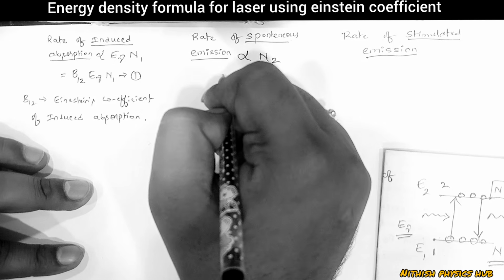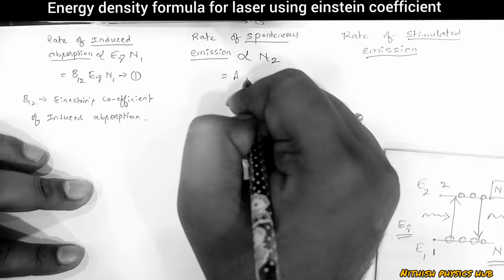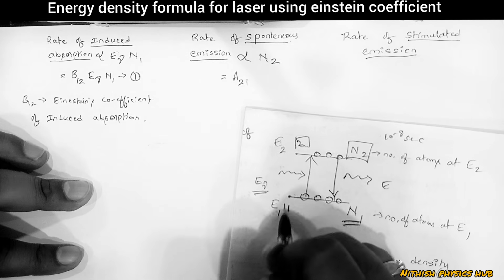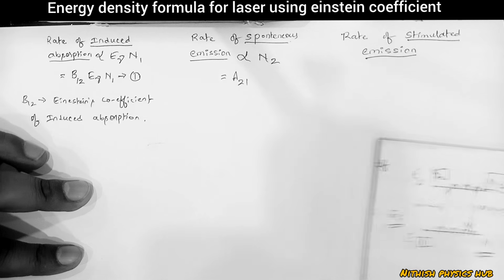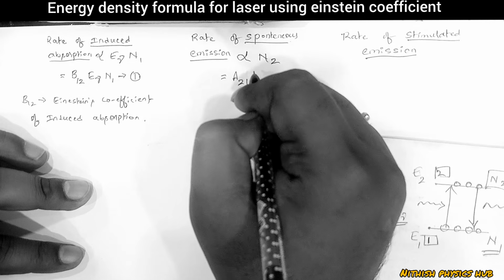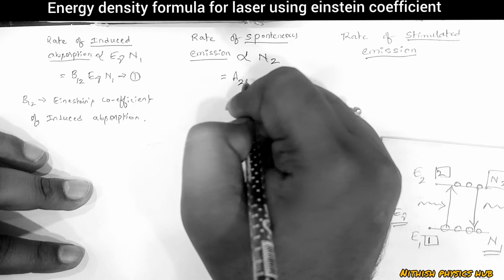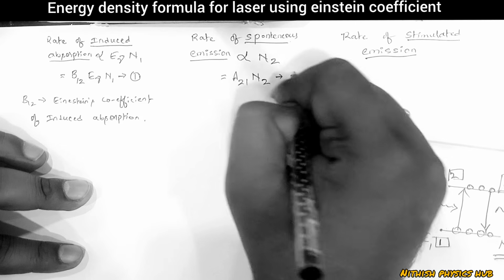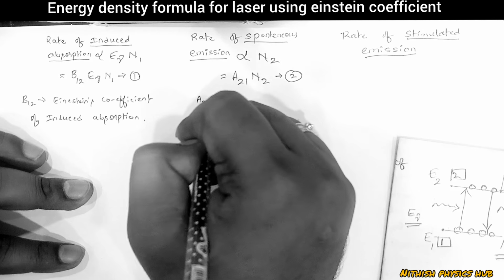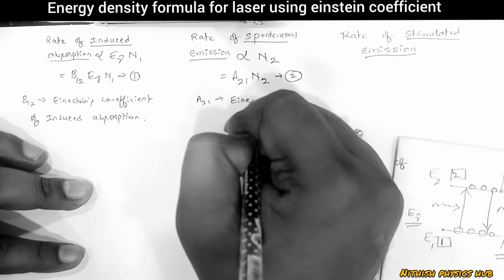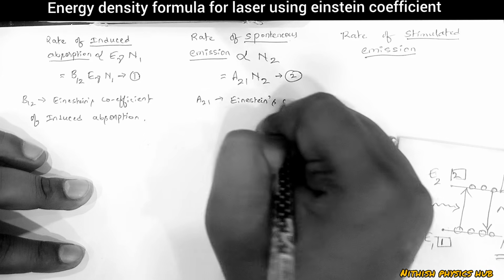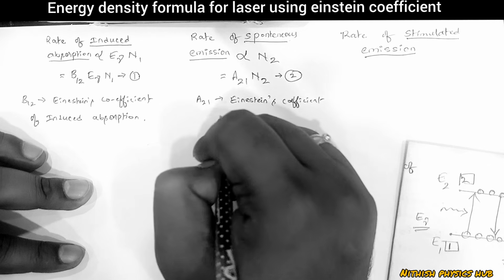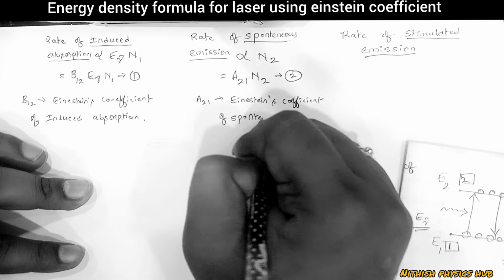To remove the proportionality symbol, I introduce a constant, A21. The 21 indicates the atoms are moving from the excited state to the ground state. Since emission and absorption are totally different, A21 is taken as a different constant. A21 N2 is equation number 2. A21 is the Einstein coefficient of spontaneous emission.